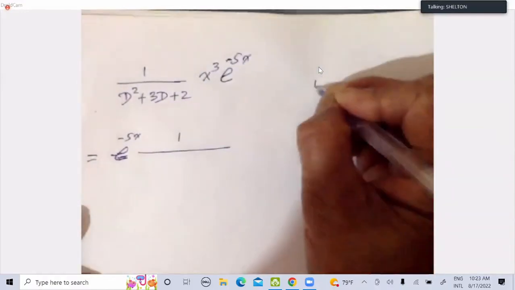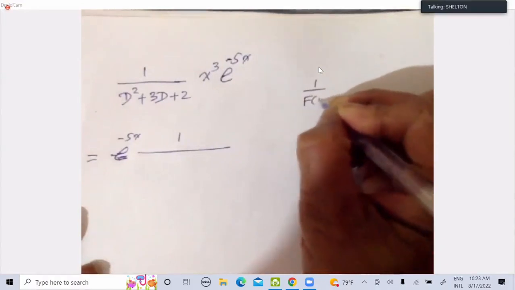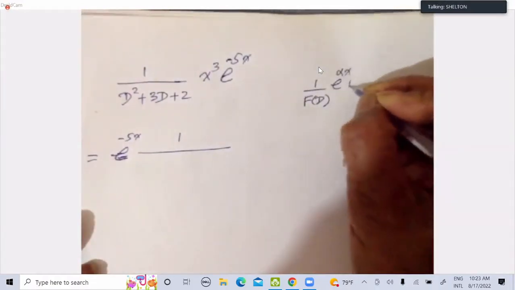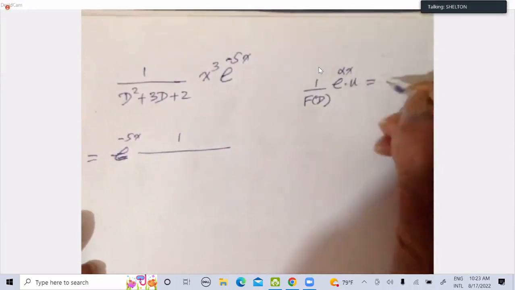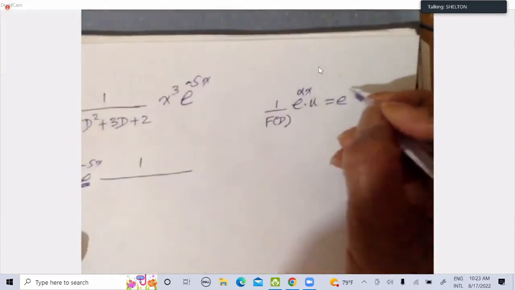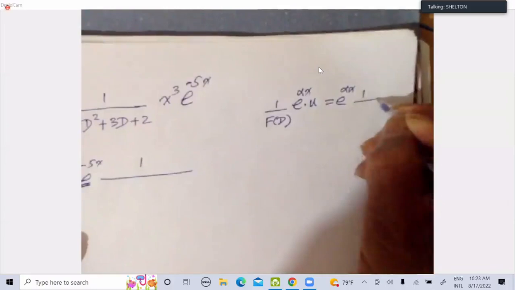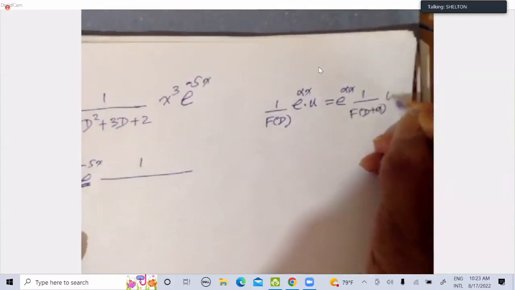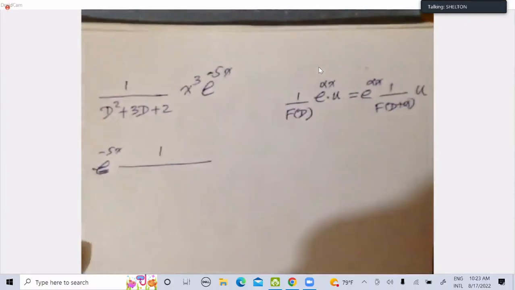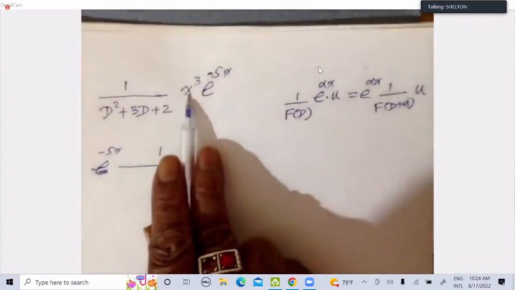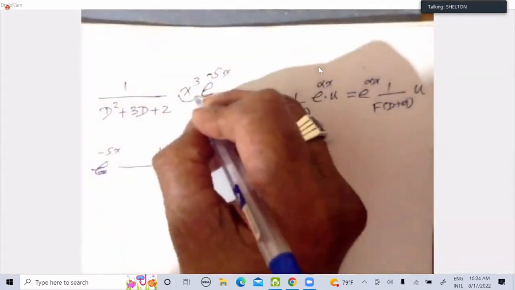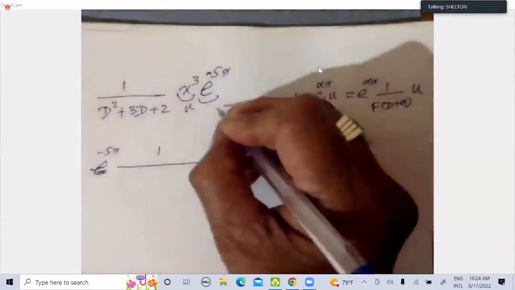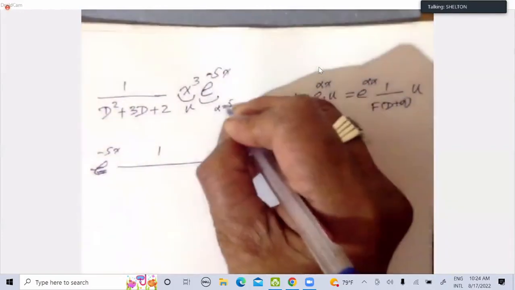So what is the formula? 1 over f(d) times e to the alpha x u, where u is a function of x, is e to the alpha x times 1 over f(d plus alpha) times u. Apply it to this. This is u, this is e to the alpha x, and alpha is minus 5.